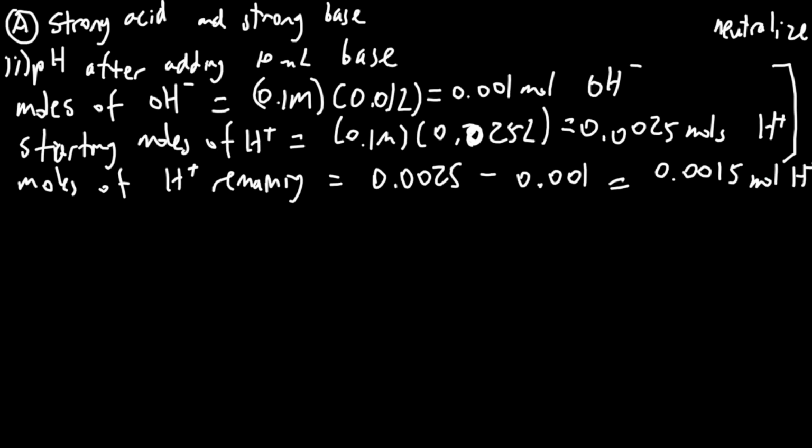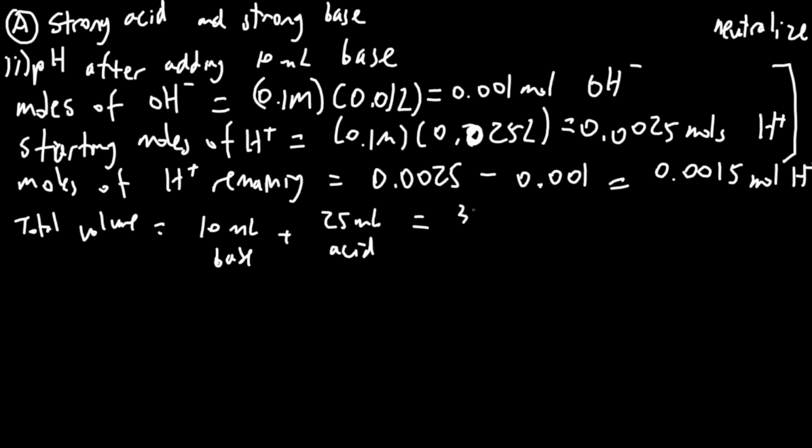So it's important to note that the total volume at this moment is 10 milliliters from the base plus 25 milliliters of the acid. So right now you have 35 milliliters in total.